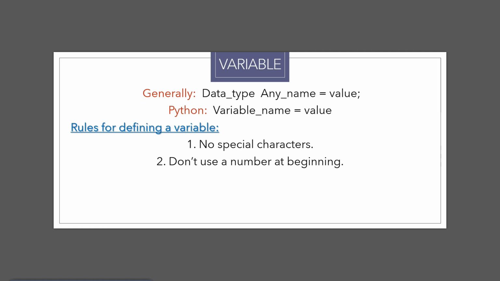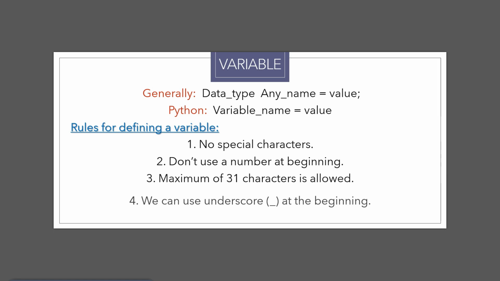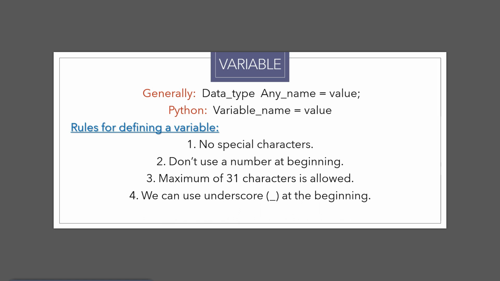Next, you shouldn't use a number at the beginning of the variable name. Next, a maximum of 31 characters is allowed for a variable name. And the fourth one is we can use underscore at the beginning. Yes, there are no special characters to be used, but we can use an underscore at the beginning or also between the characters. Only underscore is a special character that we can use for variable names.